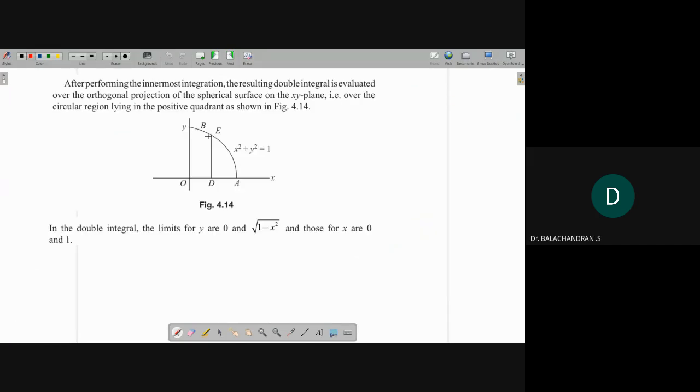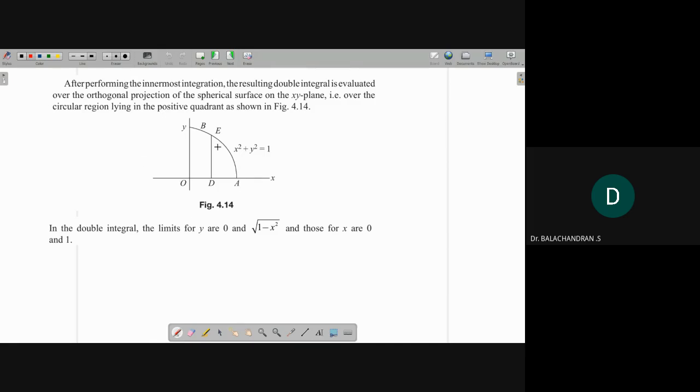That is, you can see here: after performing the innermost integration, the resulting double integration is evaluated over the orthogonal projection of the spherical surface on the xy plane, that is over the circular region lying in the positive quadrant, as shown in this figure.